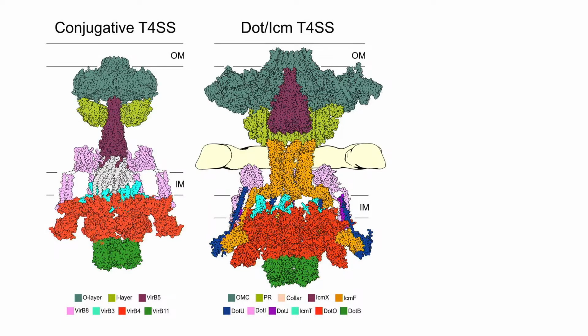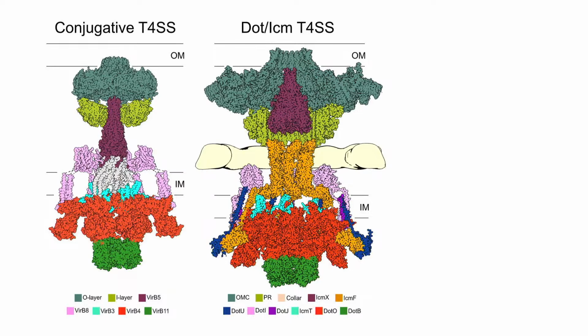Well, let me remind you that this is Gabriel Waxman's structure of the type 4 secretion system that builds a pilus and pumps DNA. Here's our structure of the Legionella type 4 secretion system, which does not build a pilus, and it pumps out many different protein effectors. And I've color-coded homologous pieces.